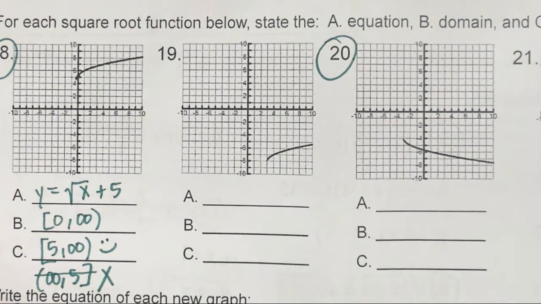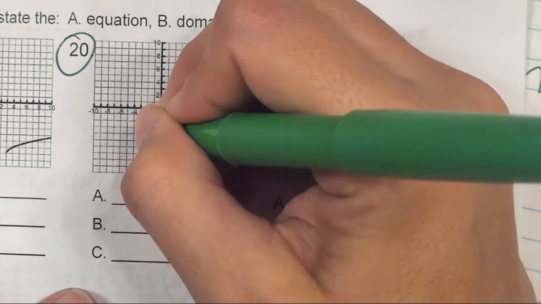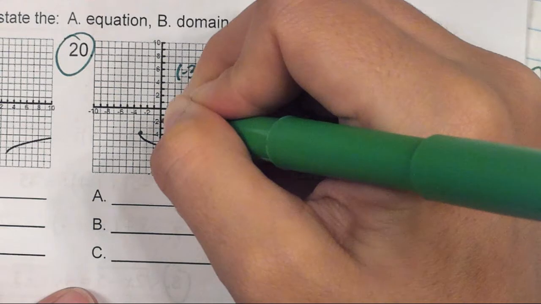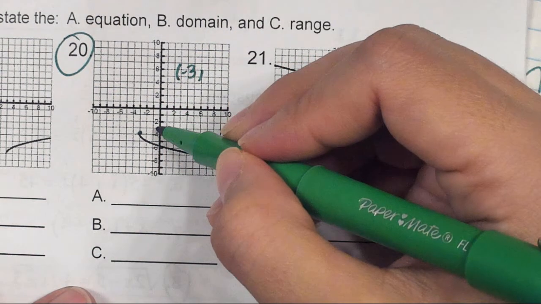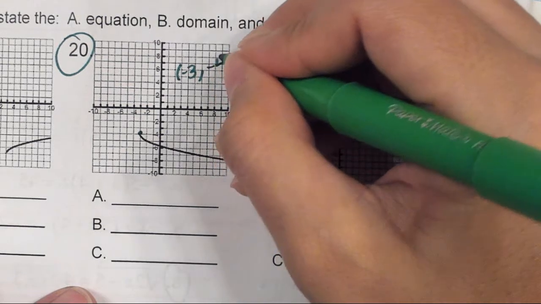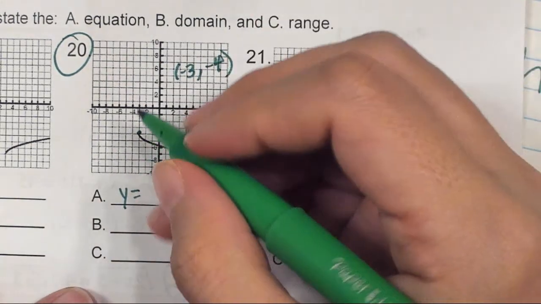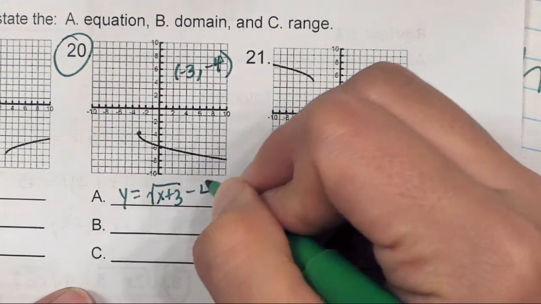Alright, number 20. Let's look at number 20. So here's my vertex. It looks like it's at -3, let me see, 1, 2, 3, 4, -4. So I'm going to write y equals square root of x plus 3 and then minus 4.